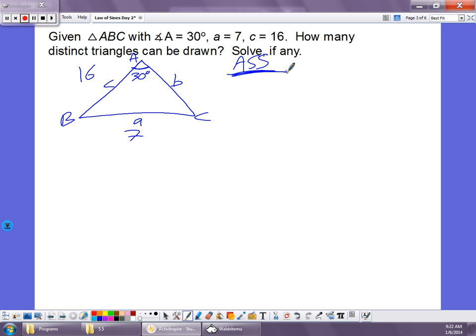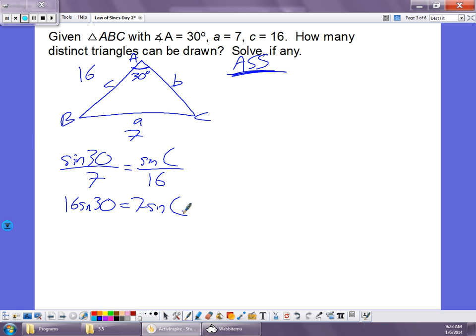So I can have sine of 30 over 7 equals sine of C over 16. That's the same as what we were doing before, and that's to solve for angle C. So you'd say 16 sine 30 equals 7 sine C, divided by 7.